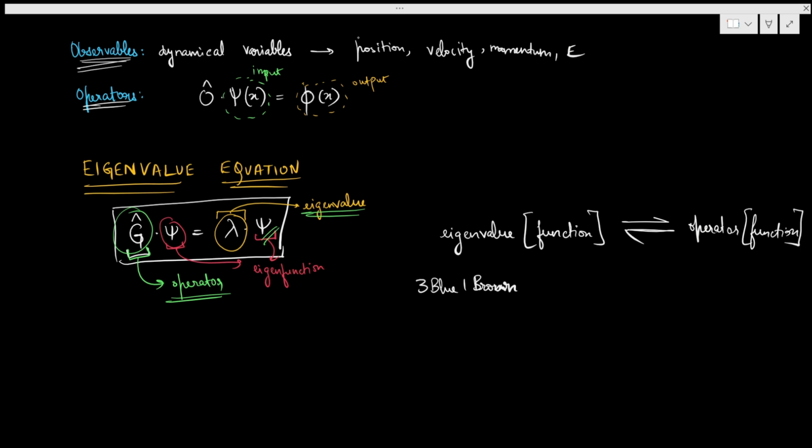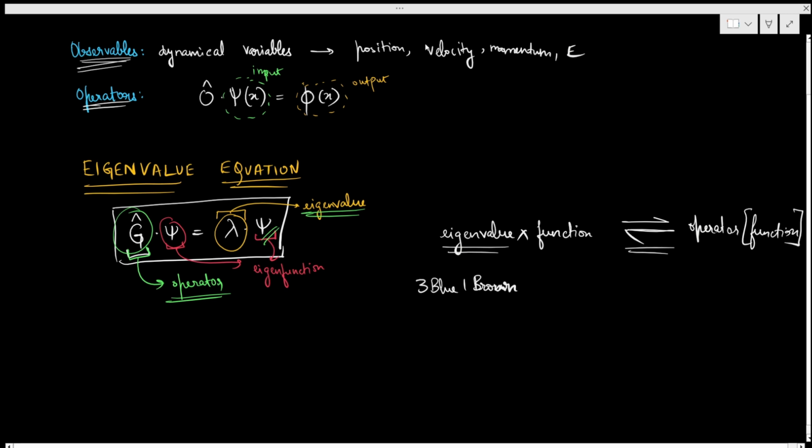But for our purposes, what an eigenvalue equation represents is that there is some eigenvalue, some sort of a value that, when multiplied into our given function, does the exact same thing as some operator acting on that function. All right. So this is what the eigenvalue equation is.